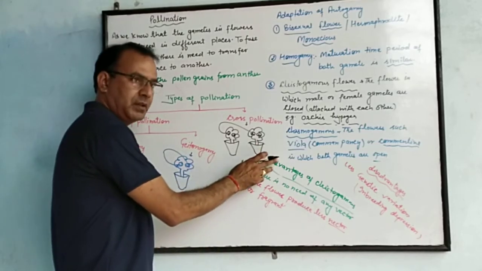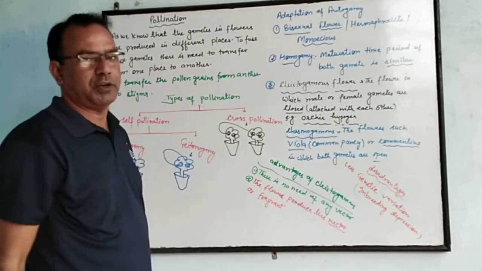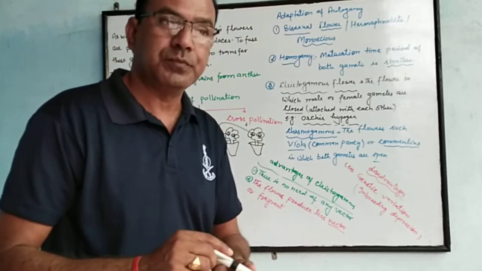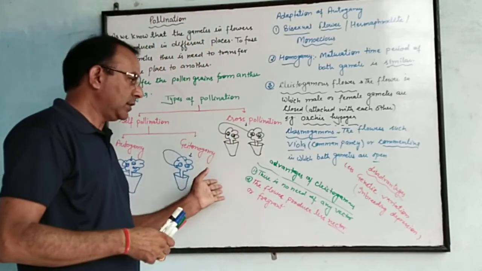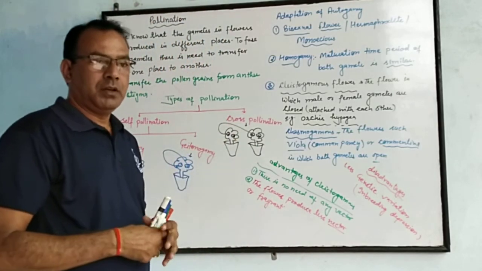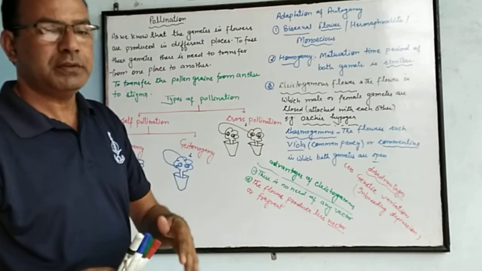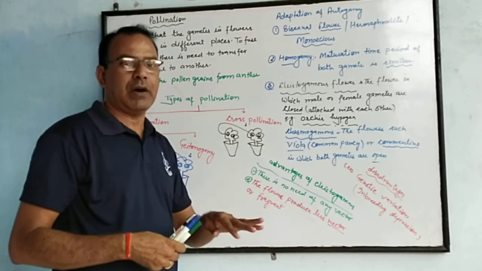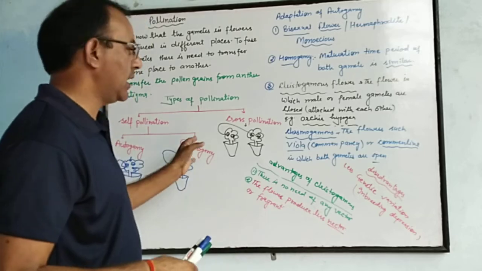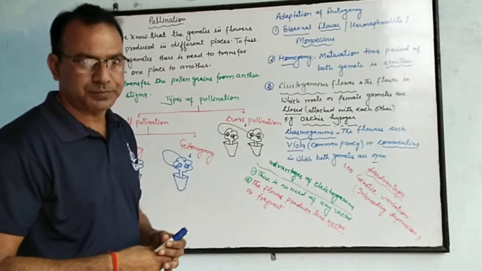The species is similar. This process is called cross pollination. Transfer of pollen grains from anther to stigma in a different flower, or you can say another flower of another plant, that is called cross pollination.